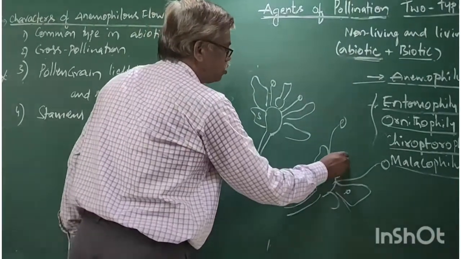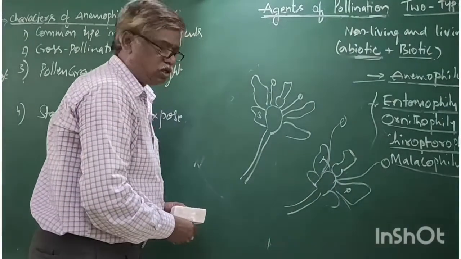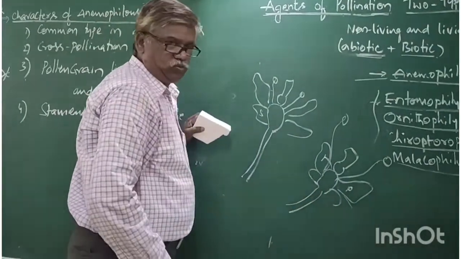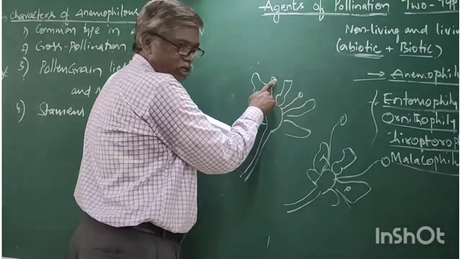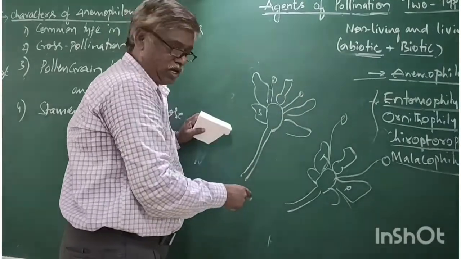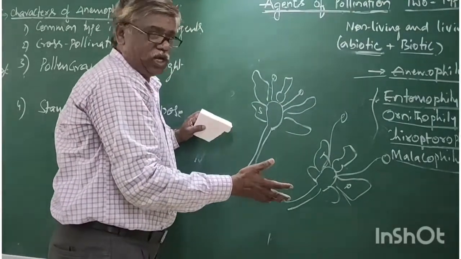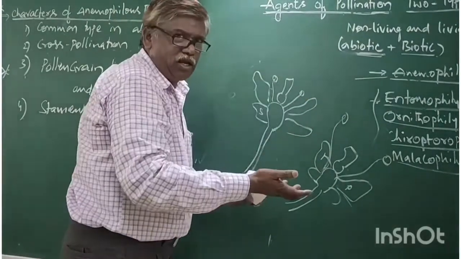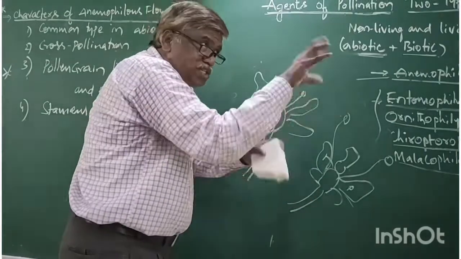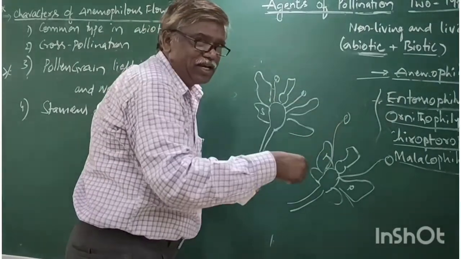Now, it may be asked. See, in these two flowers, now pistil, it is a stamen. Here stamen is well exposed. That means it is completely outside or hanging.